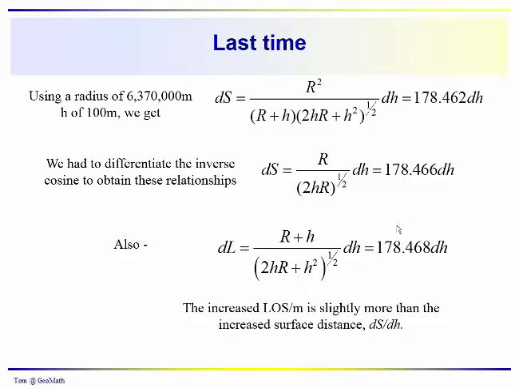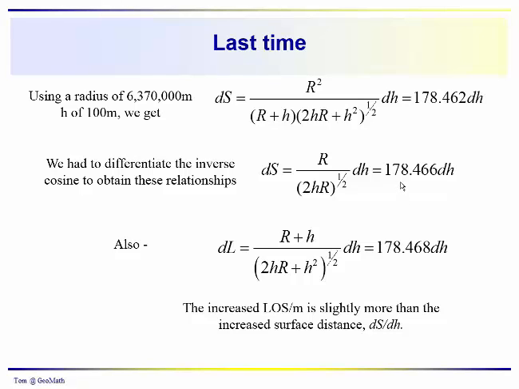And also in an earlier problem, we showed that the change in the line of sight with an increase in elevation turned out to be 178.468. dh in this case could be 1 meter, so 178.468 meters would be the increase in the line of sight.